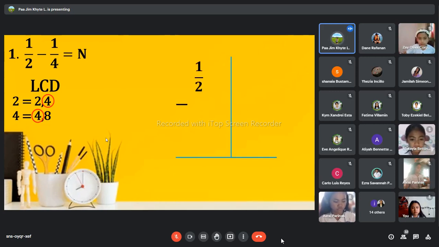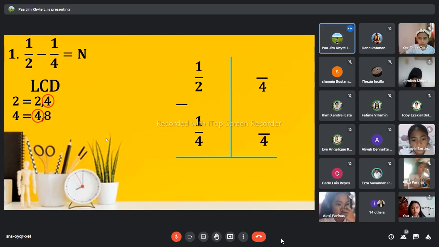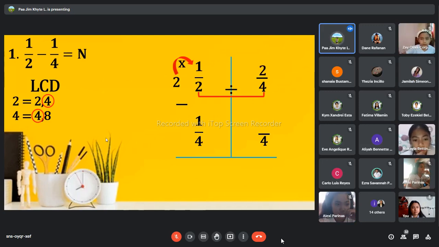1/2 minus 1/4. Let's make their denominators the same. So our LCD is 4. So 4 divided by 2 is equal to 2, times 1 is equal to 2.